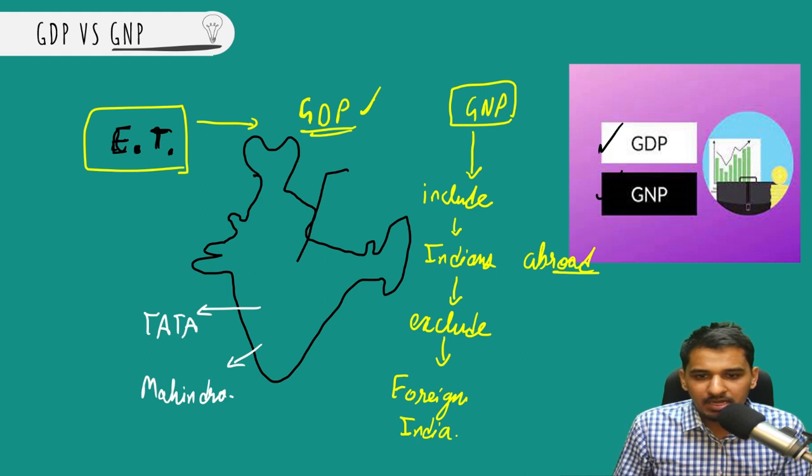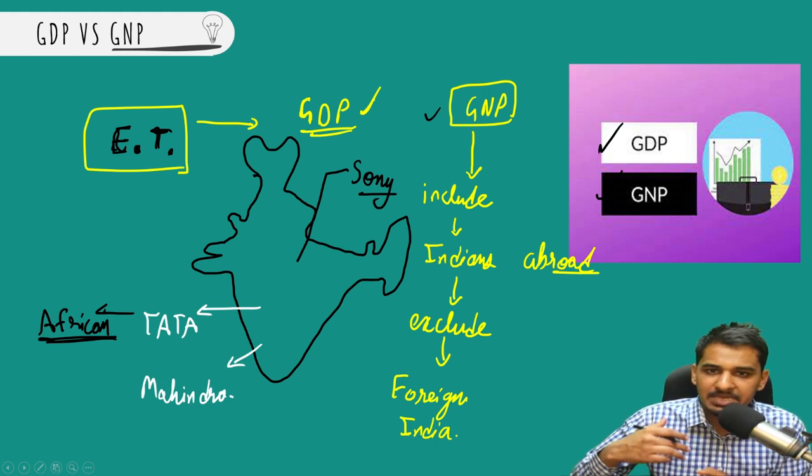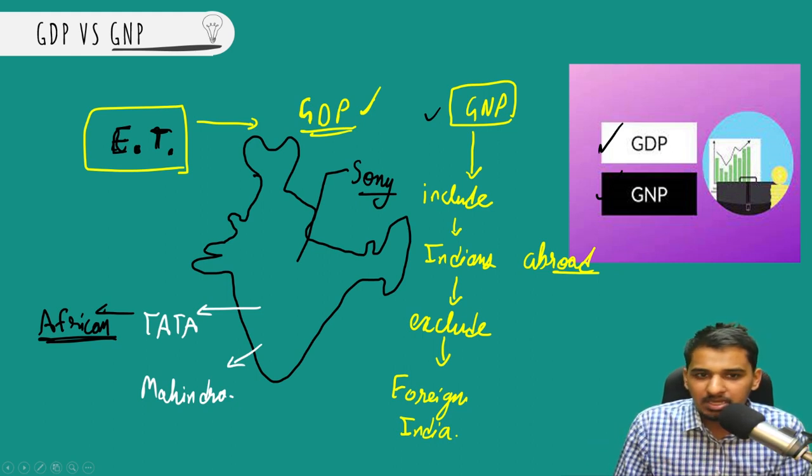So you will exclude this Sony company when you calculate GNP, but you will include Tata if it is operating in, say, some African nation. If it is operating in some African nation, then it will be included in case of GNP, that is gross national product, or gross national income, one may say.